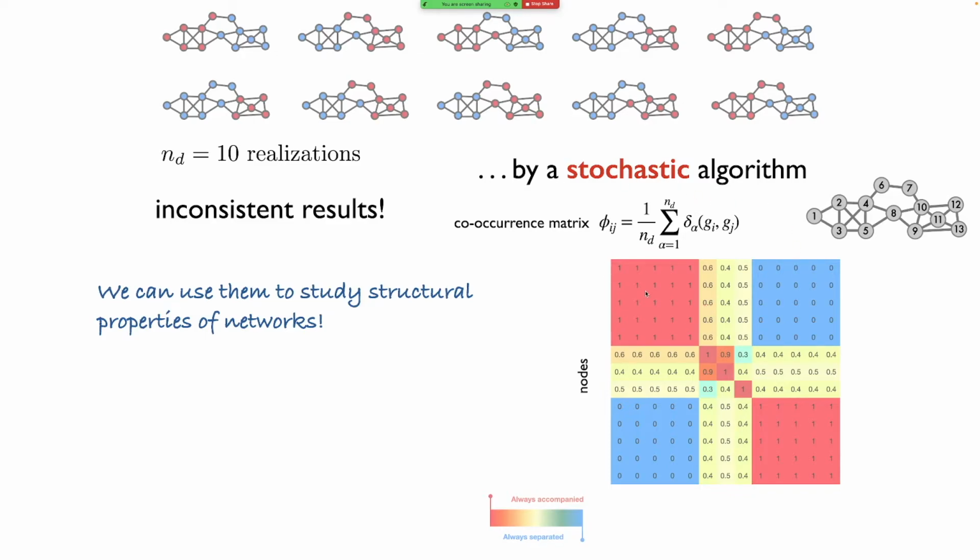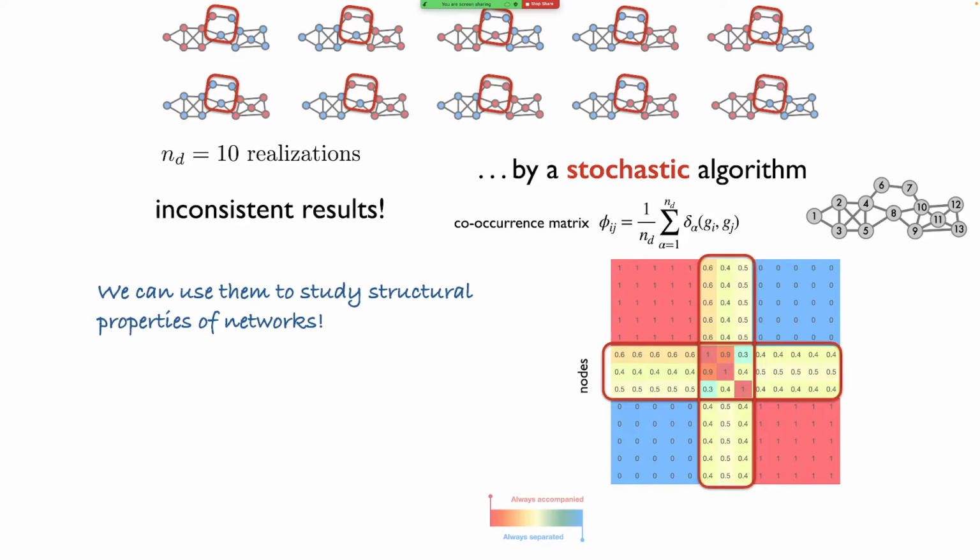So if a pair of nodes always belongs to the same community or always belongs to a different community, the matrix element would be 1 or 0, respectively. The intermediate values indicate the inconsistency. In this example, only these three nodes, between the two obviously defined bulk communities, are responsible for this inconsistency.